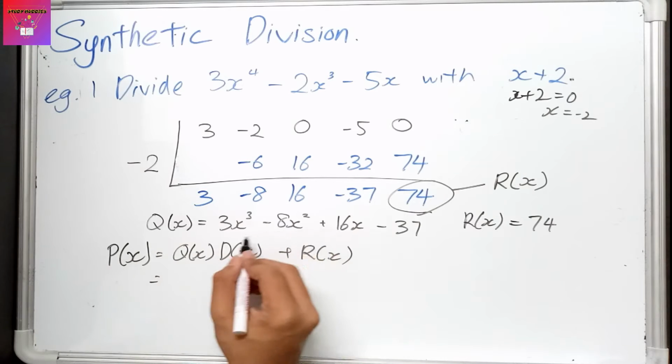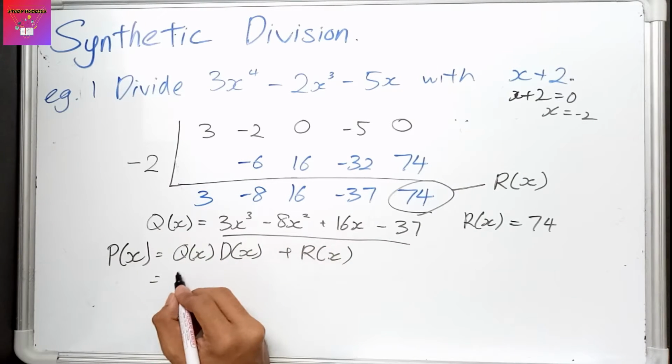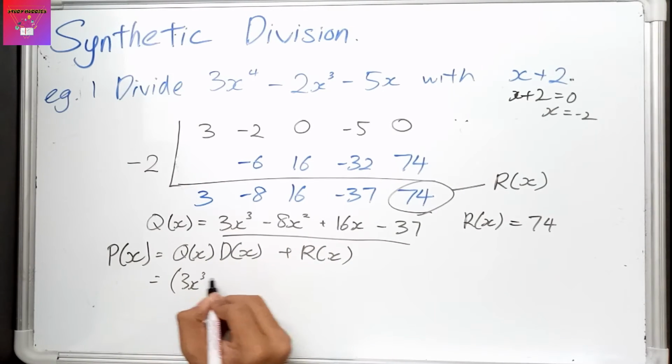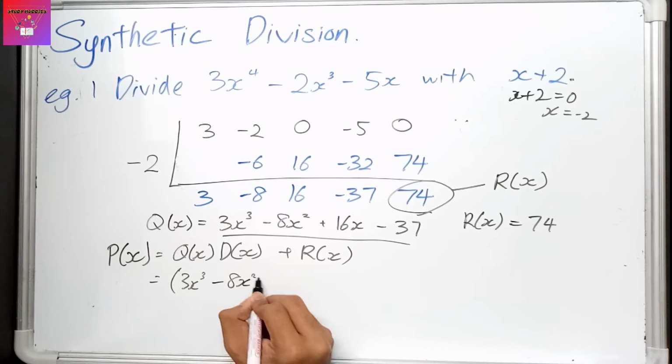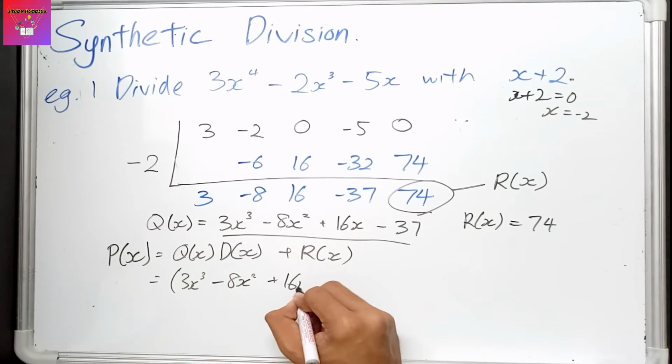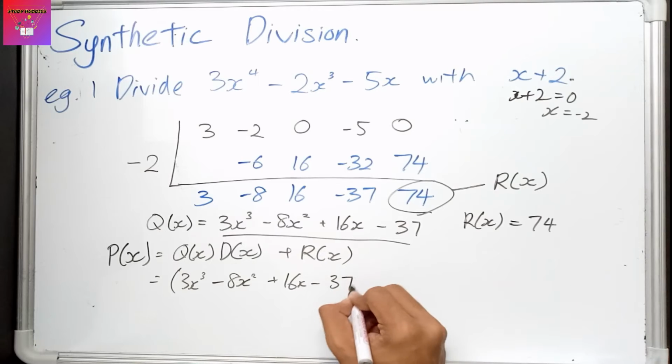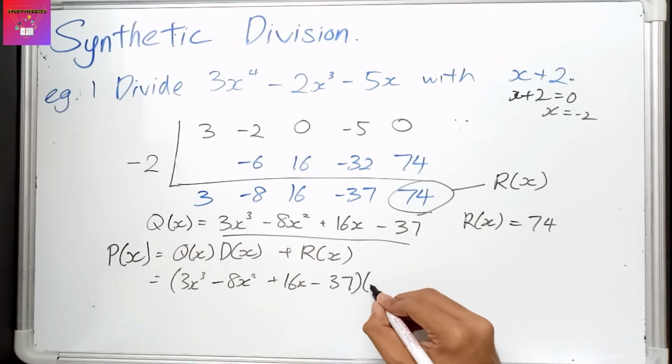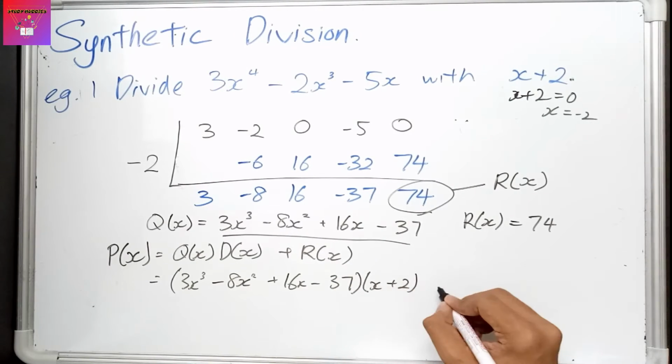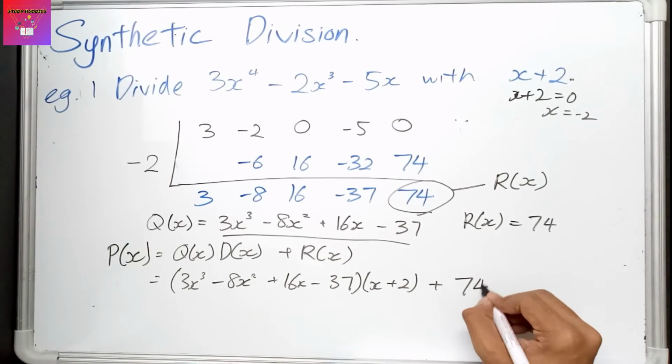So q(x) is going to be 3x cubed minus 8x squared plus 16x minus 37, times x plus 2, and r(x) is going to be 74.